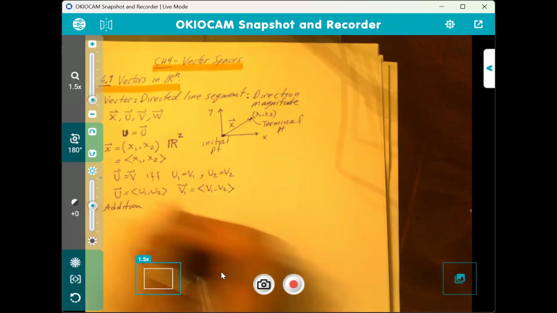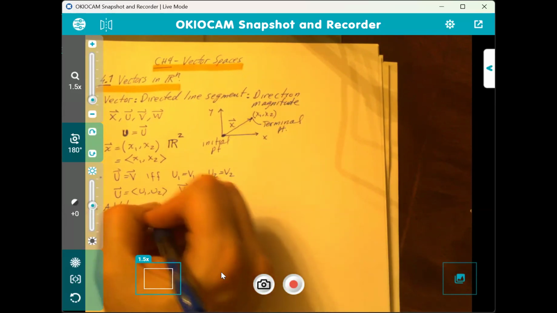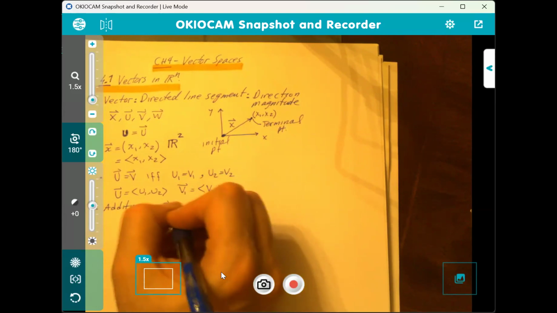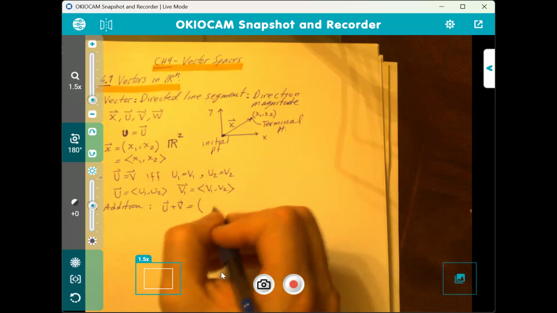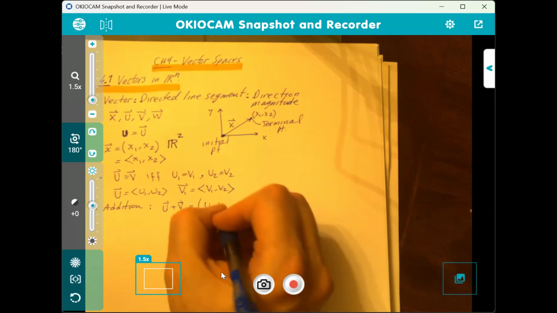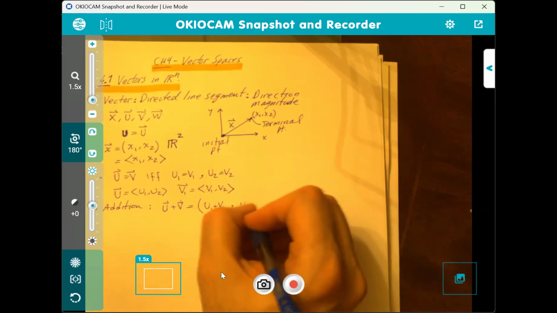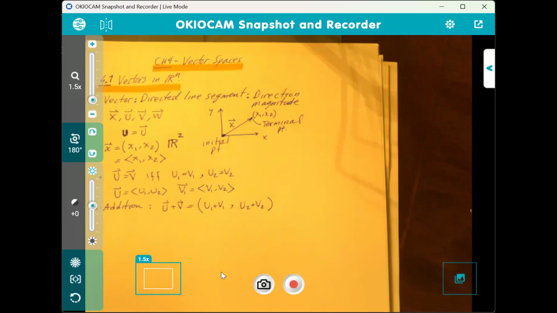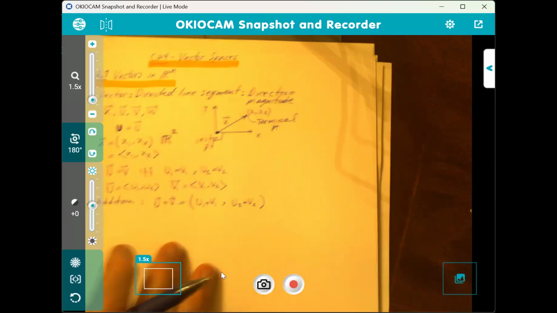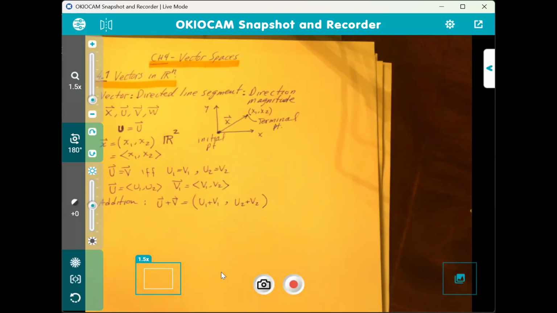Then we talked about vector addition. How do we add vectors? Their sum, u plus v: you add the components, u1 plus v1, comma, u2 plus v2. Those would be the components. We'll see if the book asks us in the exercises to add vectors geometrically.